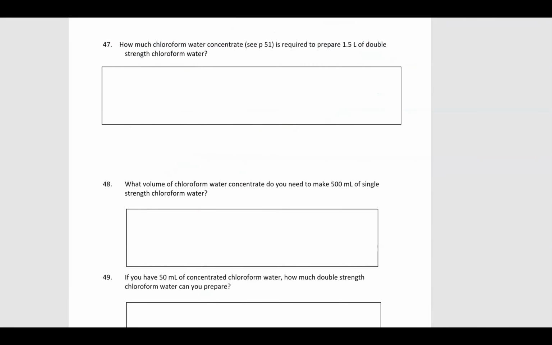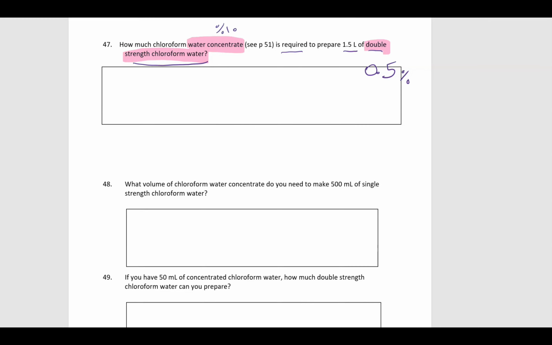How much concentrated chloroform water is required to prepare 1.5 liter of double strength chloroform? So we have two concentrations. One concentration is double strength, which is 0.5, and the second concentration is the concentrated one, which is 10%.